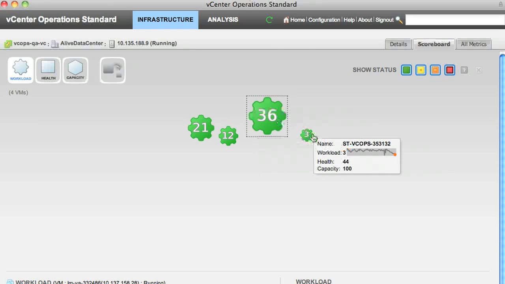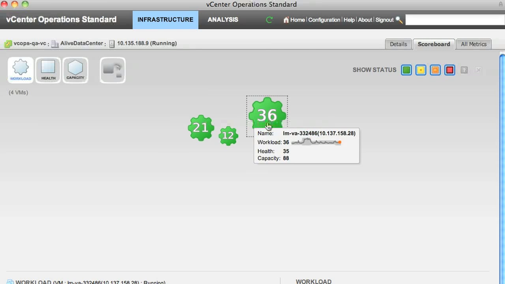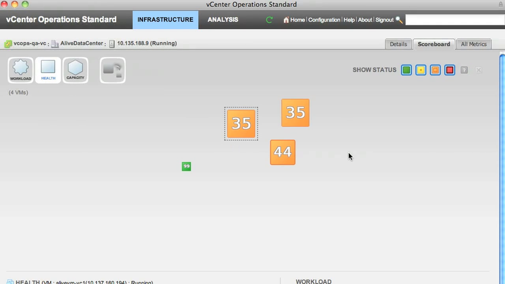Luckily, in our case here, all our objects are healthy, or are green in terms of workload. Let's check their health. Health actually gives a very different point of view. Whereas with workload, we saw they were all green, with health, a few of them are orange. So what exactly does that mean?